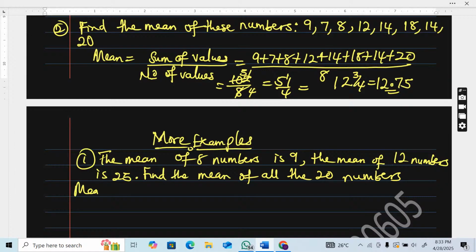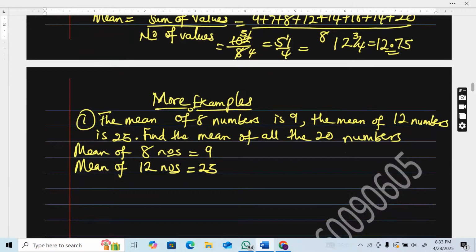Now, mean of 8 numbers is equal to 9. Then the question also said mean of 12 numbers is equal to 25. Now we're going to bring out an equation. Looking at the first one, mean of 8 numbers.